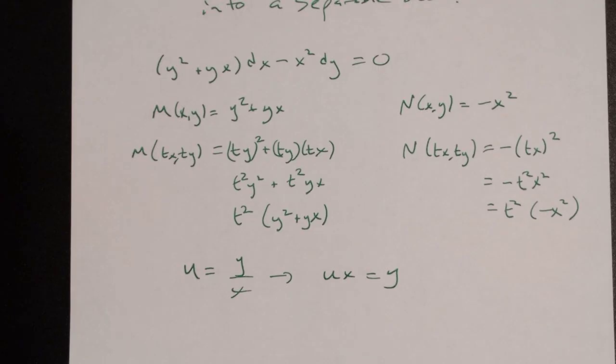Houston, we have a problem. I don't just have x's and y's up there. Up there in the original equation, I don't just have x's and y's. I have dx and dy.